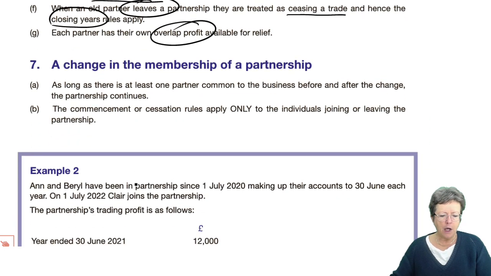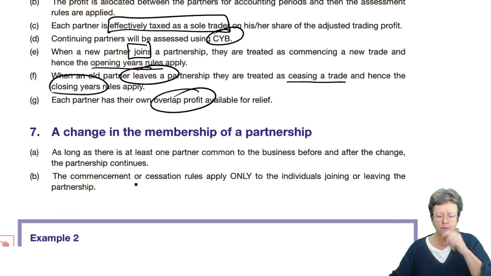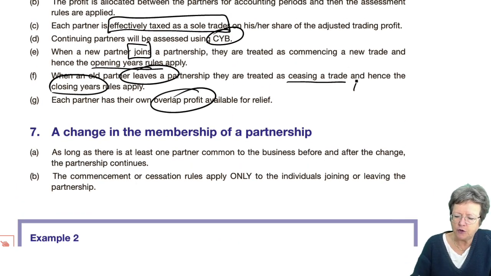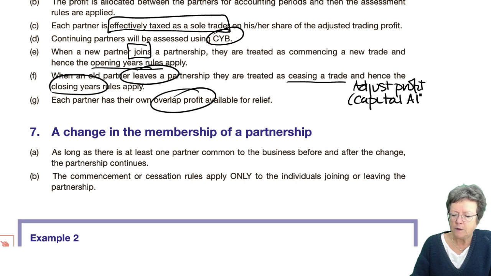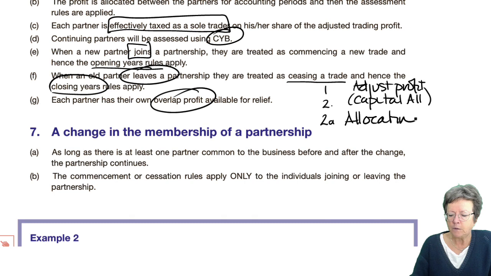So when we adjust profits, which we've done before, and we deduct the capital allowances, previously we've just gone straight on to basis periods. Now, instead of doing that, we've got a 2A, which is the allocating of profits, and then we do basis periods.